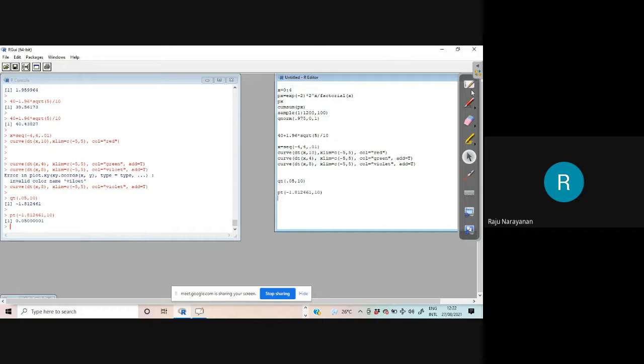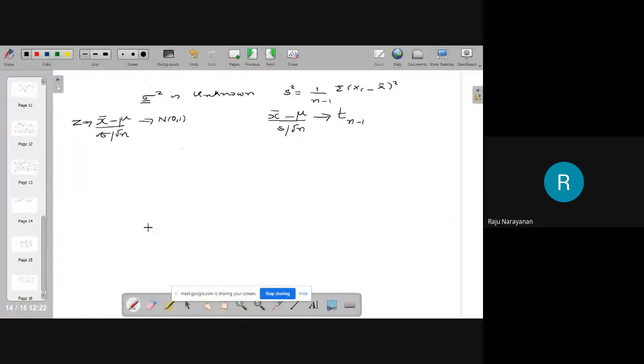Okay, now as before, here you can get the confidence interval. What is to be done? Probability that, with degrees of freedom, minus T alpha by 2. What is alpha? Suppose you want a 95% confidence interval, then 1 minus 0.95 is 0.05.